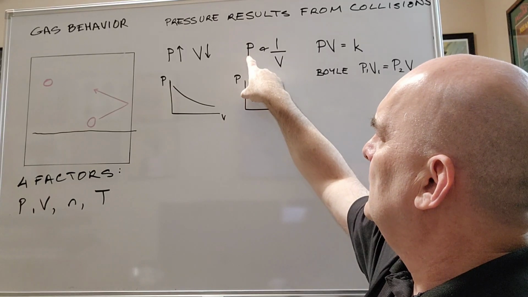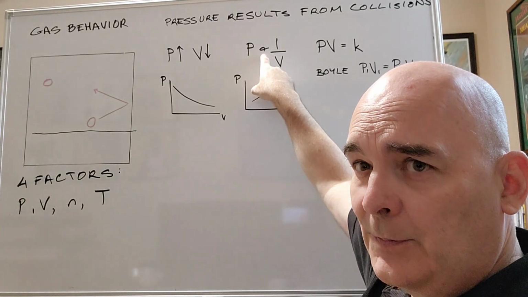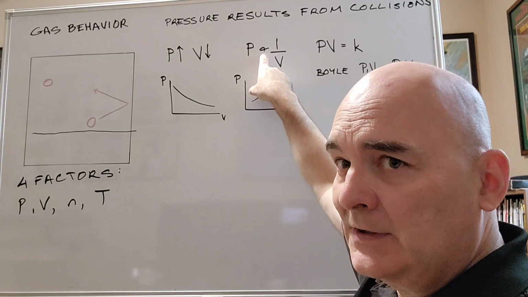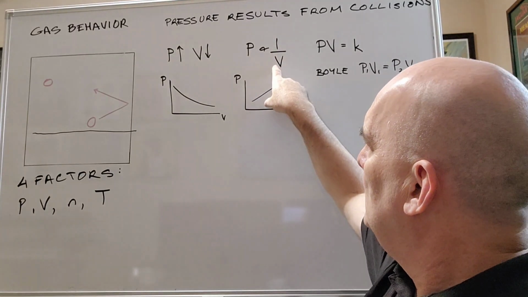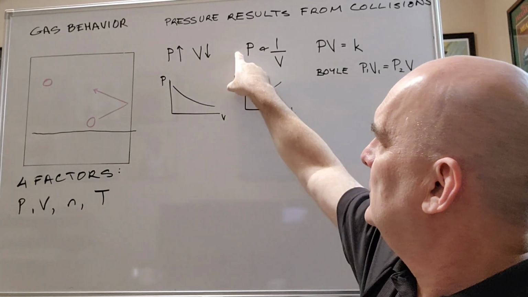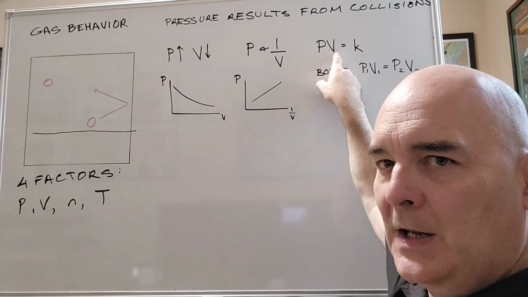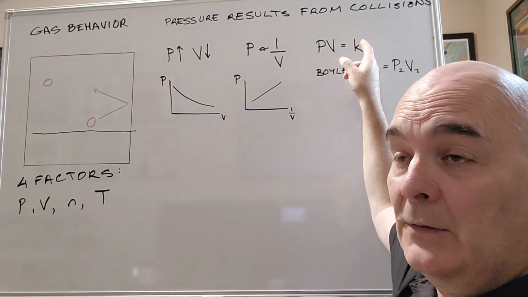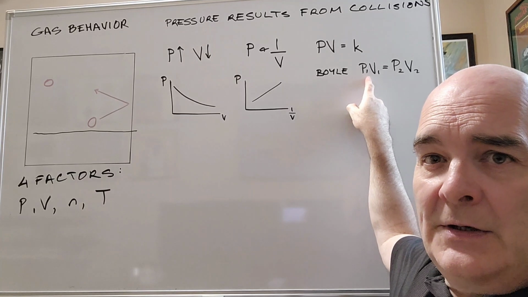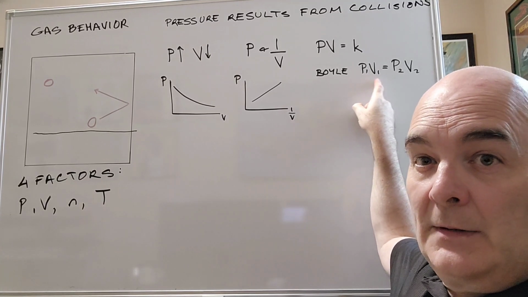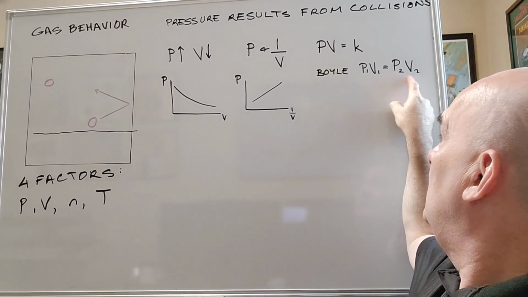Okay, so pressure goes up when volume goes down. That means that the pressure is proportional. This alpha here is a proportionality. It doesn't say equal, it says proportional to the inverse of volume. If I move the volume across the equation, then the product of pressure multiplied by volume is equal to a value. And that value is a constant, which means that under these conditions, the product of pressure and volume is the same as under those conditions.